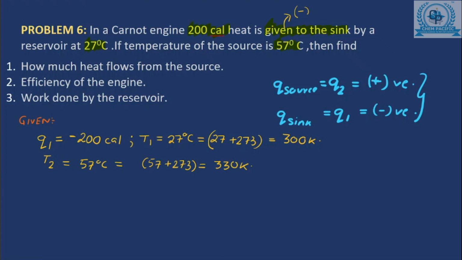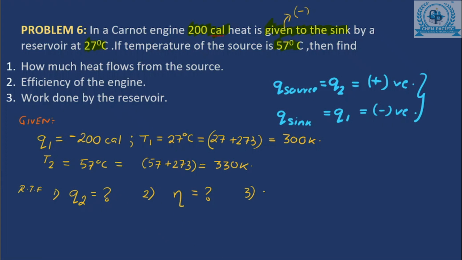Now see students, and what they are asking for. So they are giving you the value of Q1, T1 and T2, and what they are asking for. So required to find क्या क्या है? Point number 1, they are asking for how much heat flows from the source, that is the value of Q2. They are asking for Q2, and 2, they are asking for the efficiency, the eta, and point number 3, they are asking for the work done.